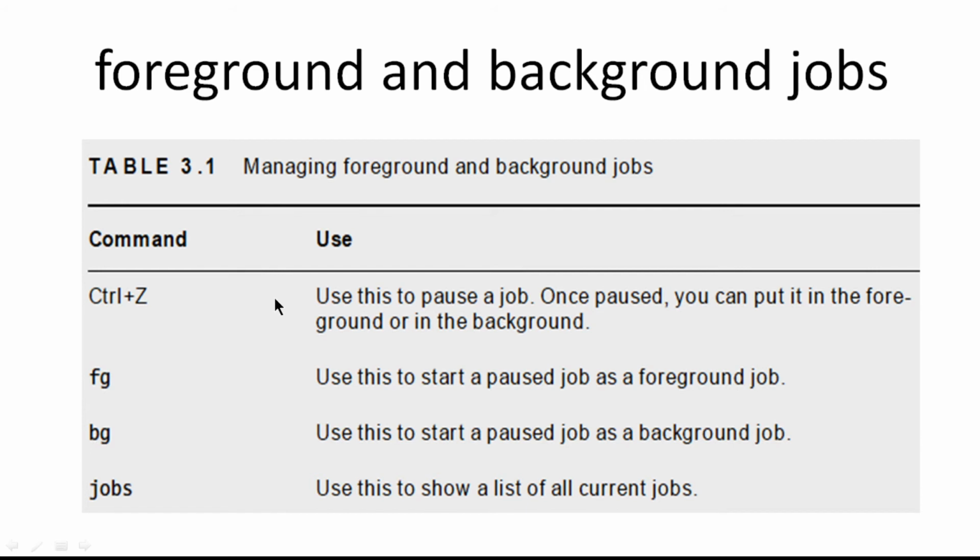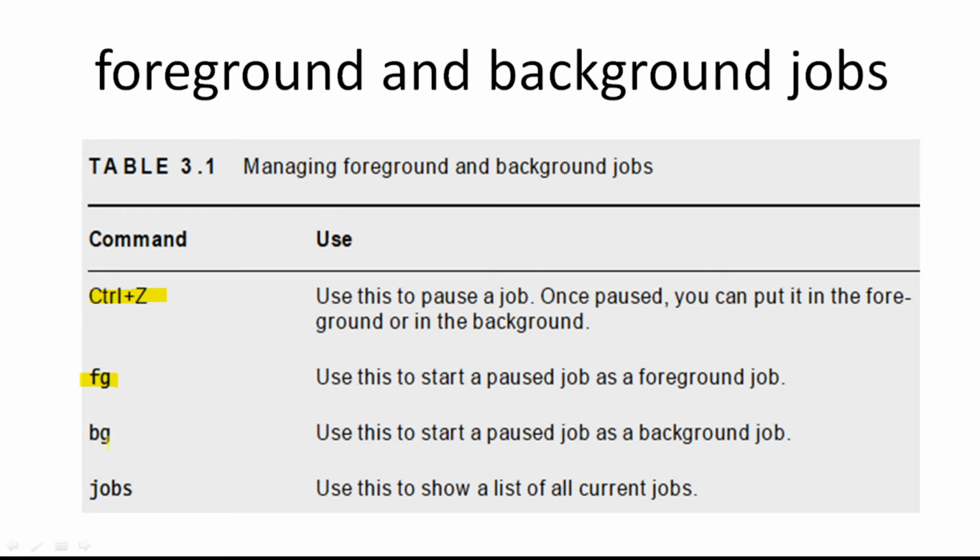Some of the commands to manage foreground and background jobs. If your process or job is running and you want to pause it and put it in the foreground or background, first you need to pause the job. To pause the job, you'll be pressing Ctrl+Z. Second, if you want to start a paused job as a foreground job, then I'll be using the fg command.